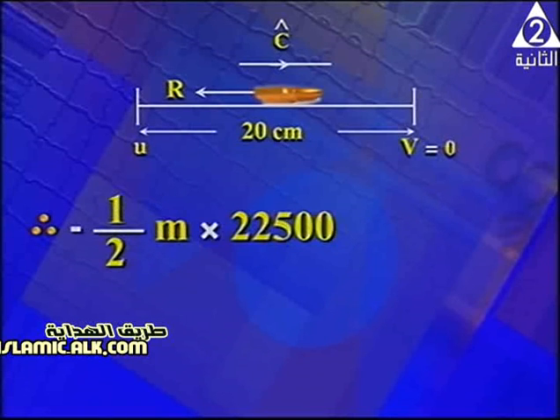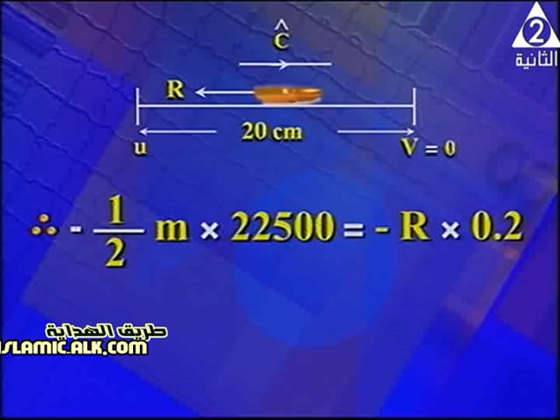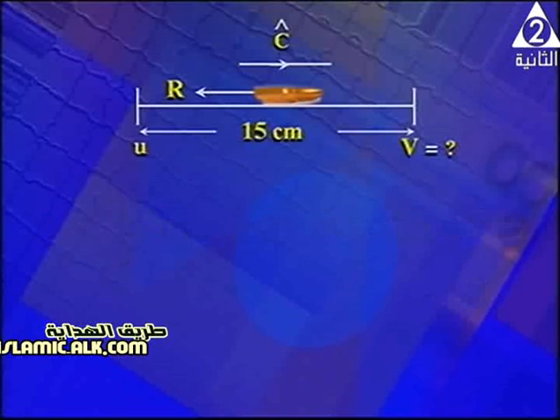Then negative half M times 22,500 equals negative R times 0.2. This is equation number 1. We have two unknowns, M and R. M represents the mass, R represents the resistance force.